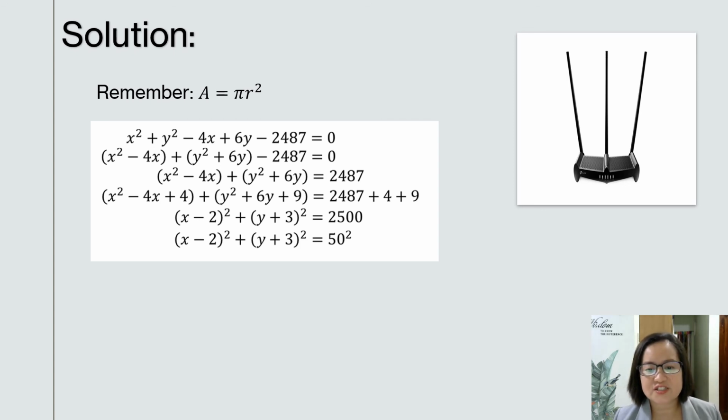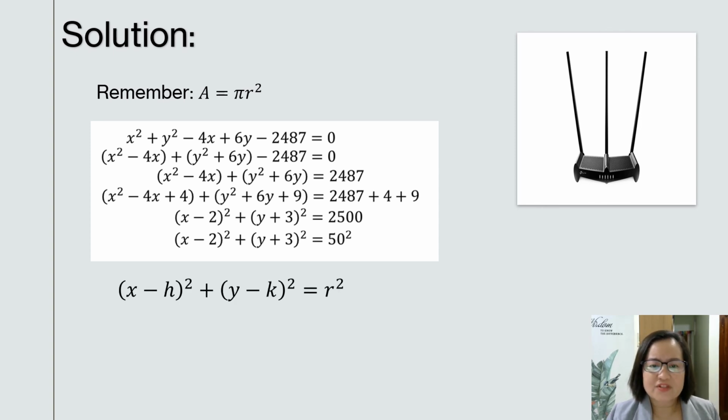Simplifying the constant terms at the right, it will become 2,500. Getting the square root of 2,500, we will have 50. So in other words, 2,500 is equal to 50 squared.